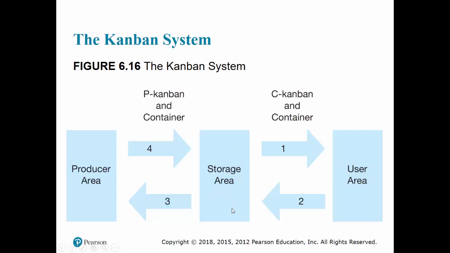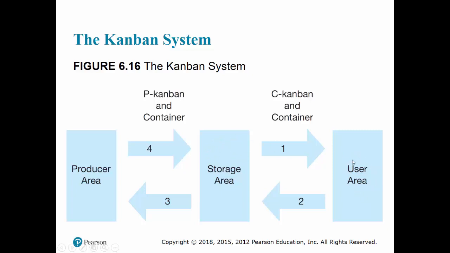So now we have an empty container with a P card attached. This person will see there is an empty container with a P card, take it in, produce that product, and then return it back here. So you have a full container with a P card attached, ready and waiting.